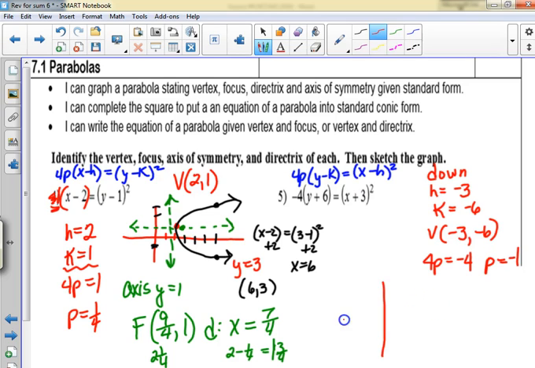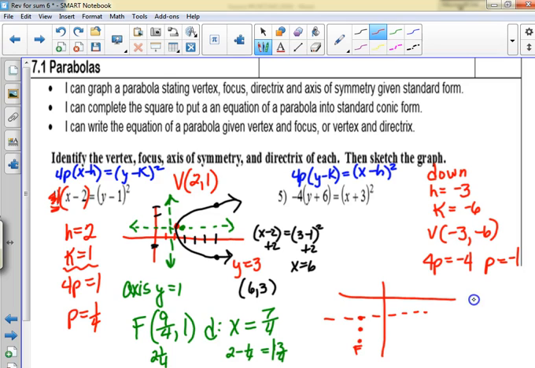All right, so, oh, yeah, my graph is already bad. If I move it up here, we'd have -3, -6 is down here somewhere. It's opening down, so 1 unit above and 1 unit below are the focus and the directrix. Anybody have either one of those yet?